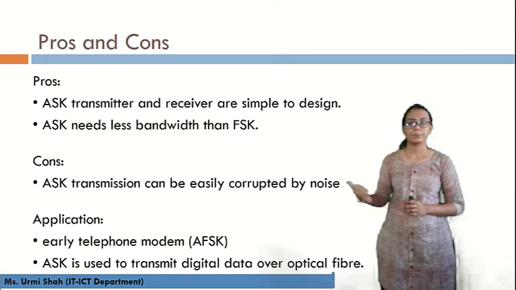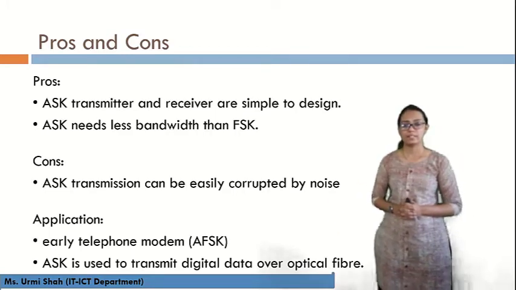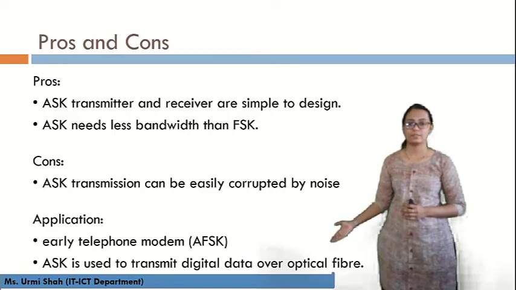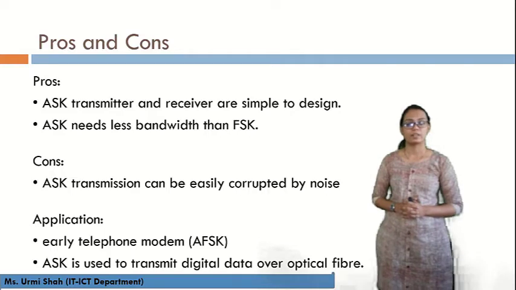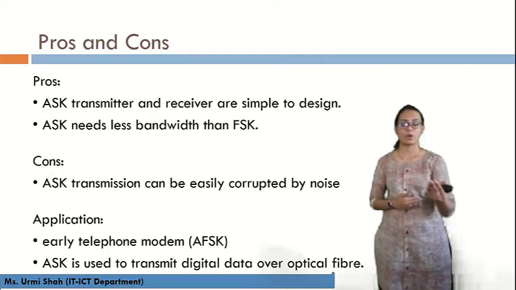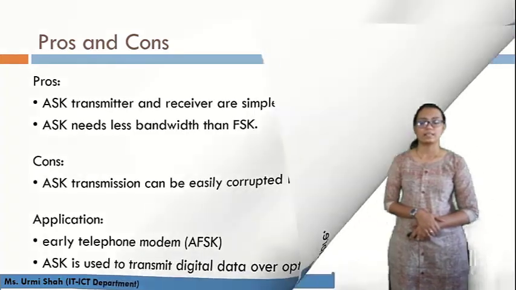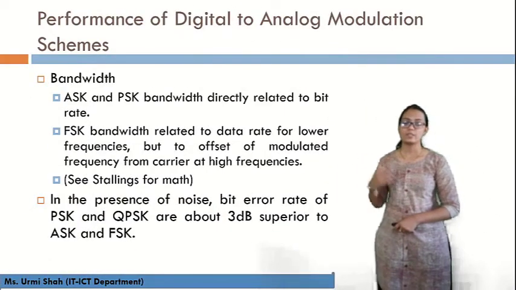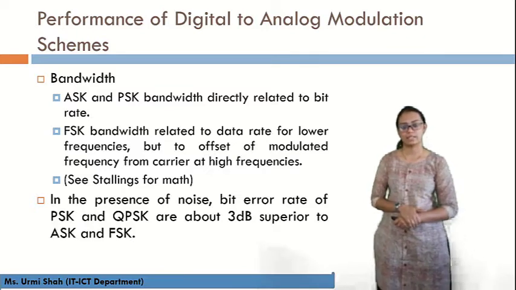So basically ASK is used for early telephone modem, then it is used for transmission of digital data over optical fiber. Next, let's have the performance analysis of digital to analog modulation schemes.